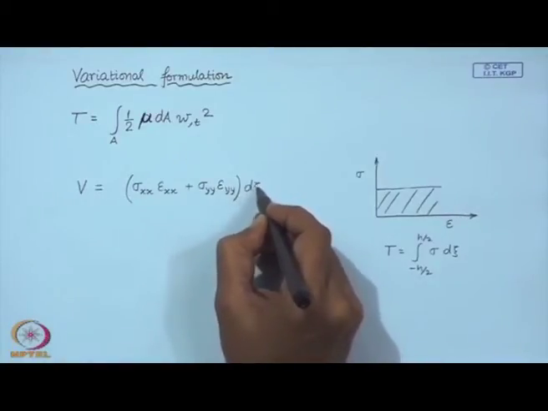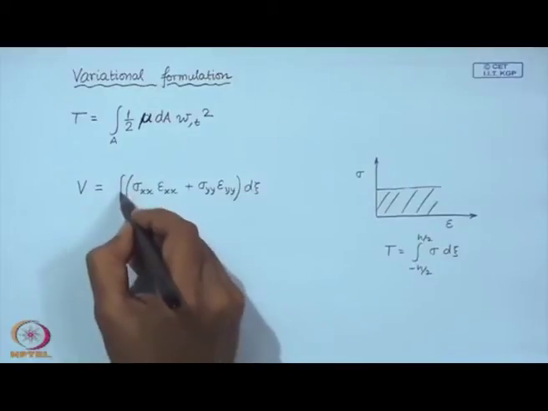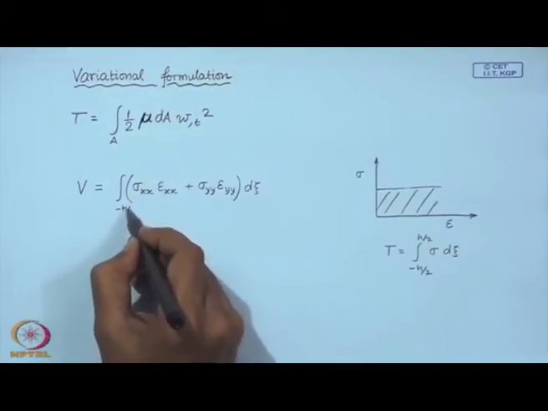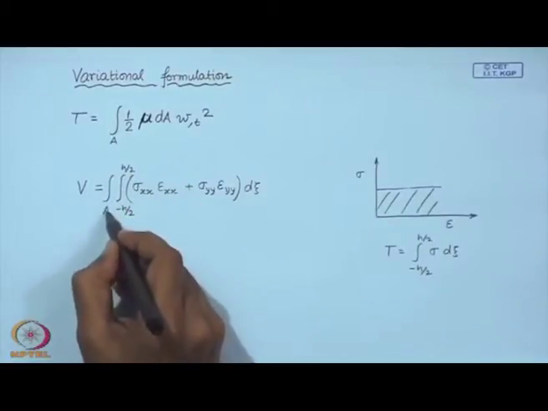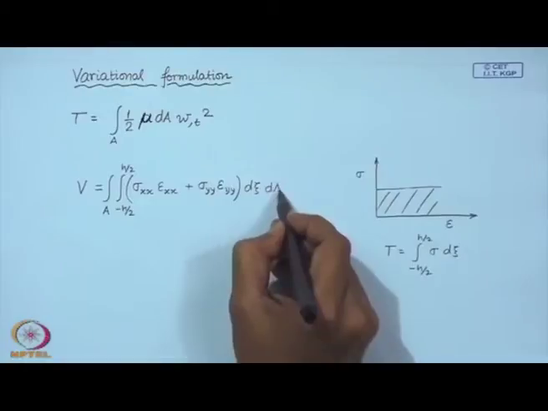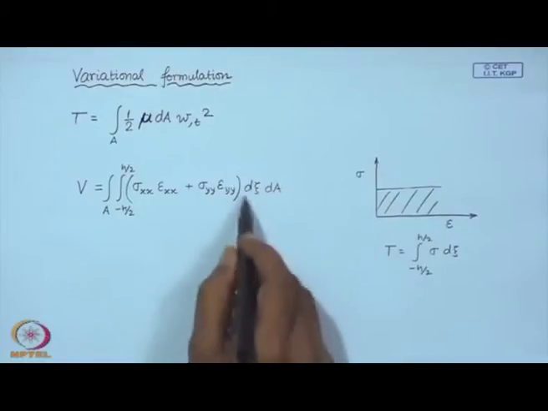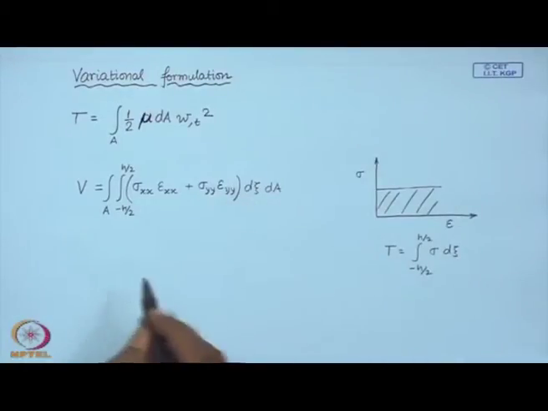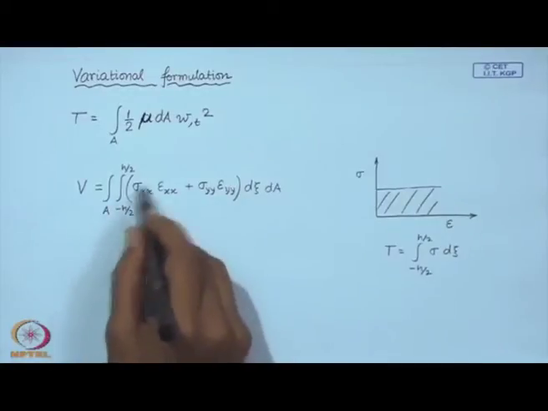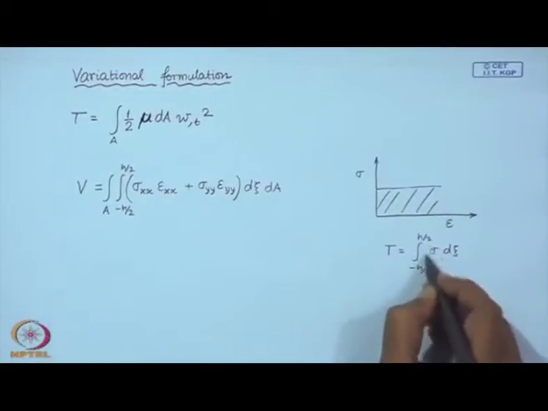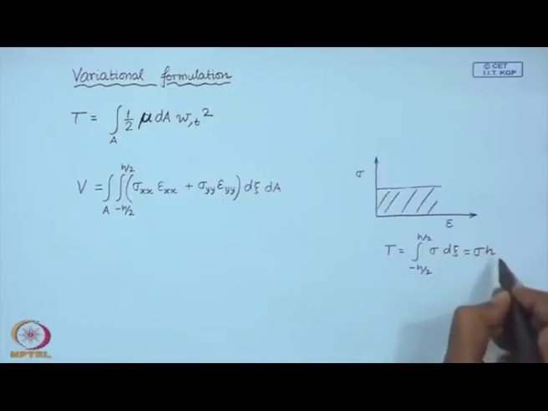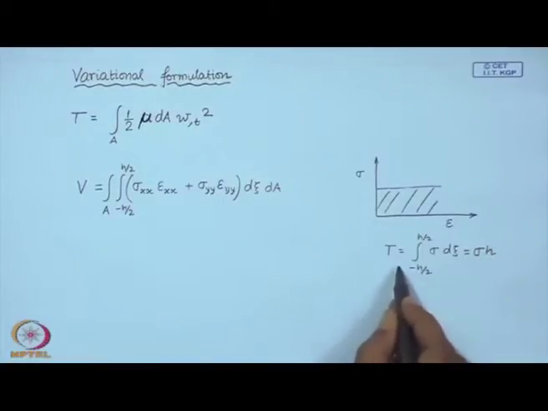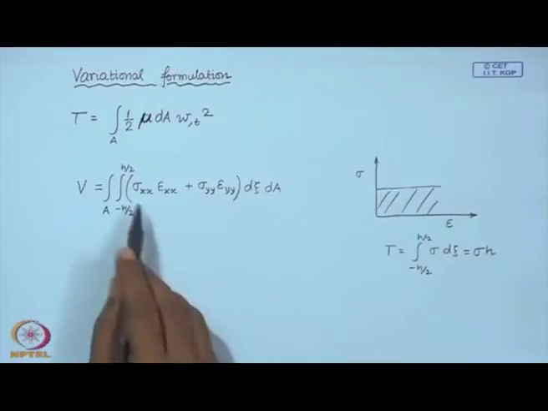So, you must integrate this over the volume, first over the thickness, and then over the area of the membrane. So, xi is along the thickness direction. Now, this stress is taken almost uniform over the thickness. So, this turns out to be sigma times h. So, sigma is T over h, and in both directions it is the same.